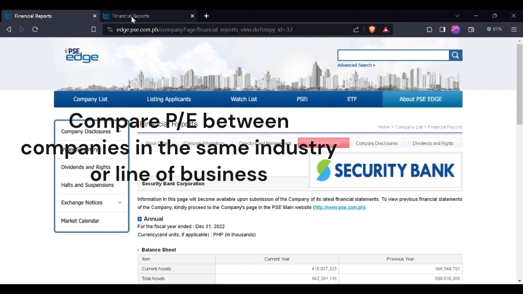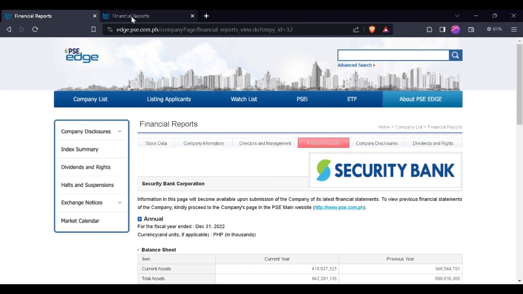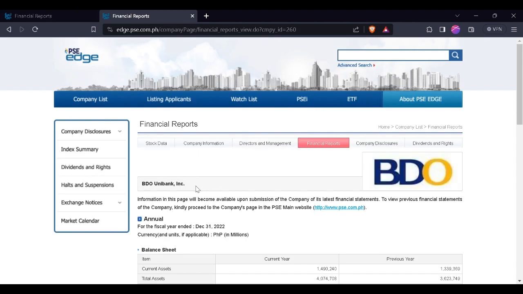So they differ. If you're going to compare two companies, by PE ratio or any metric that you'll be using, you should compare them under the same industry. Okay, so let's look at the comparison of Security Bank and BDO.